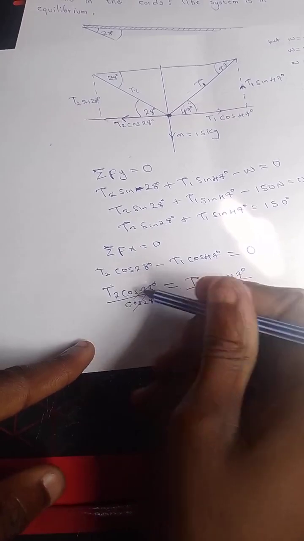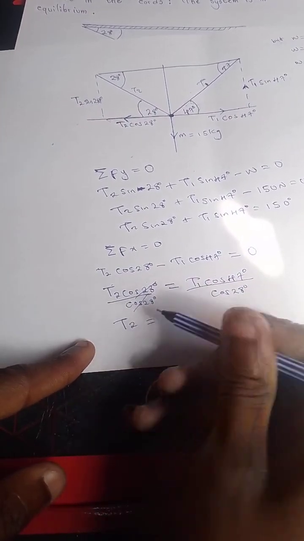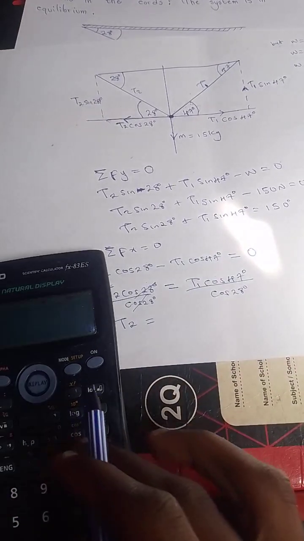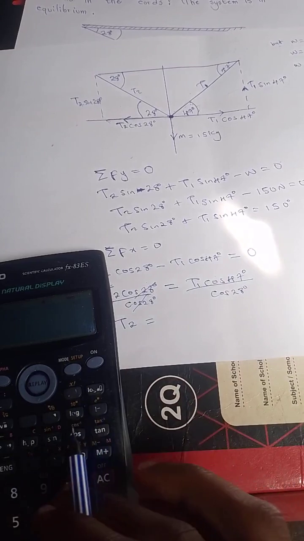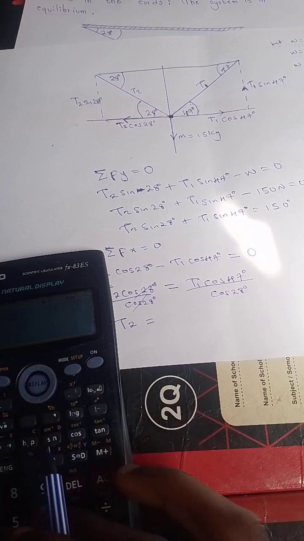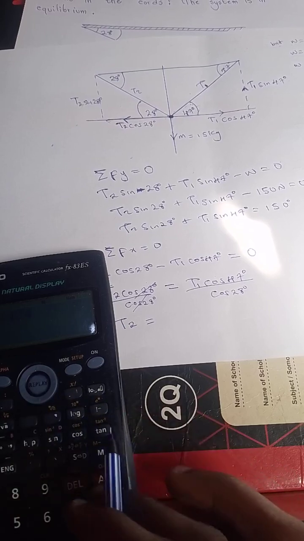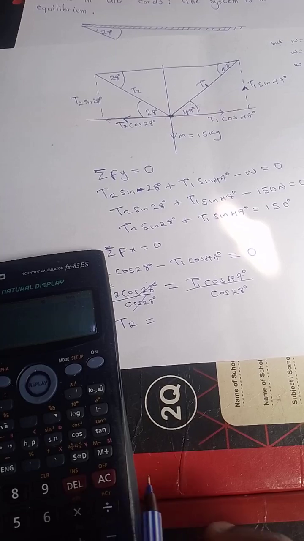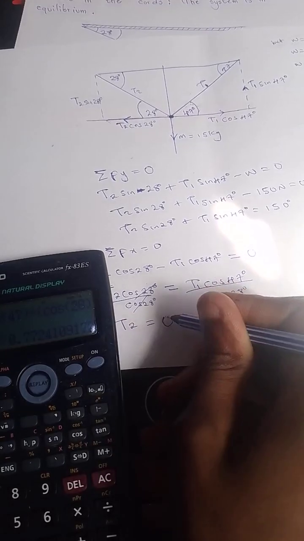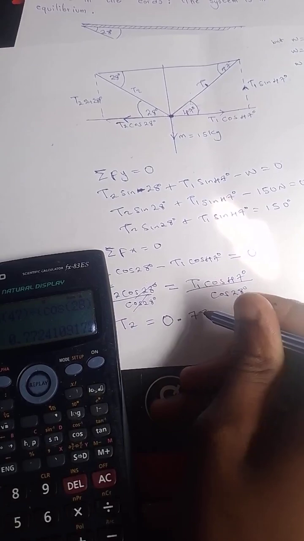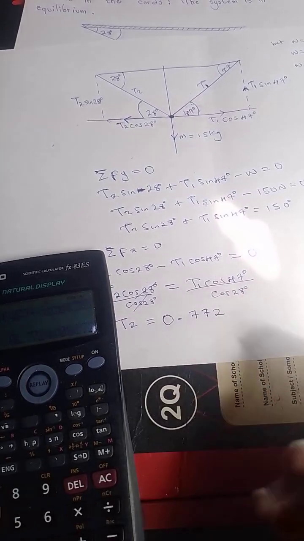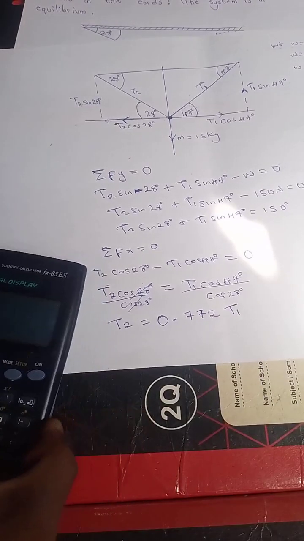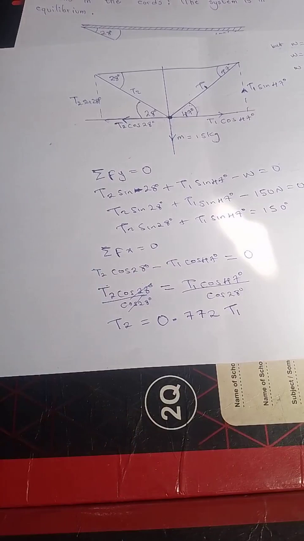What I'll have is T2 equal to the cos of 47 divided by the cos of 28 degrees, times T1. When we divide these two, we are going to have 0.772 T1, like that.